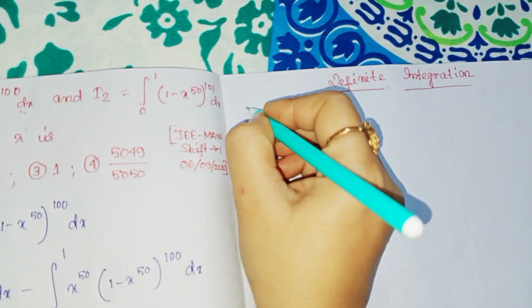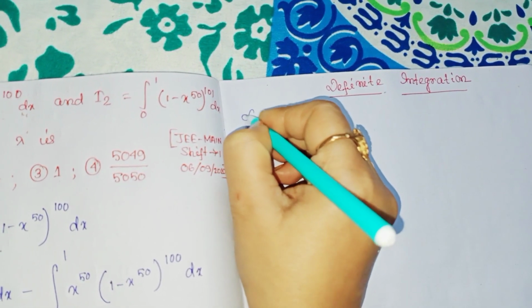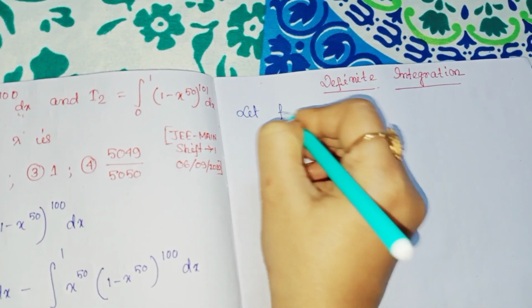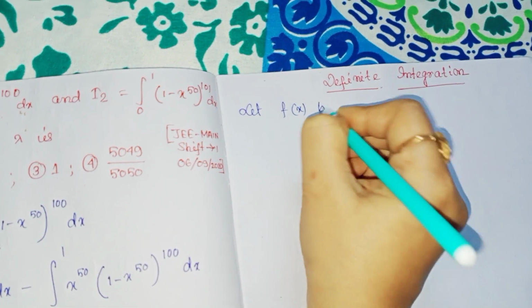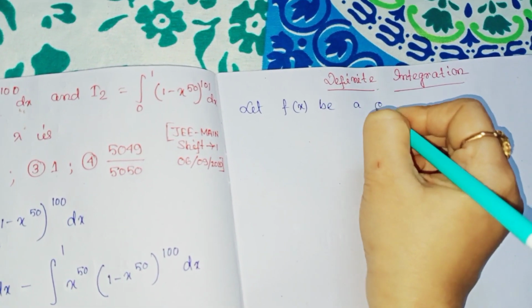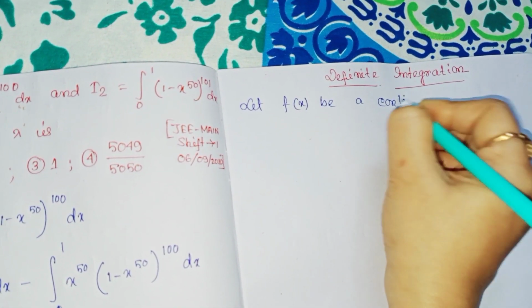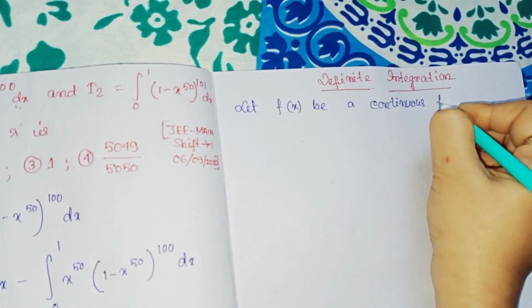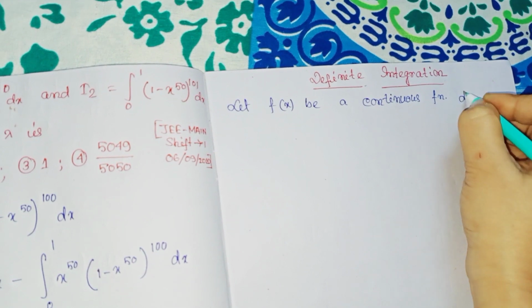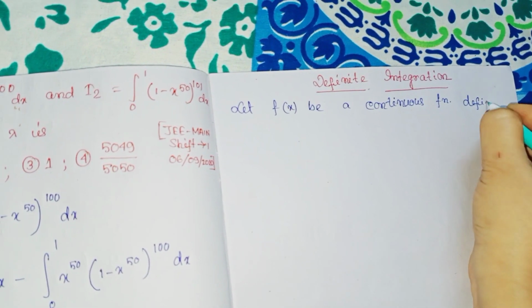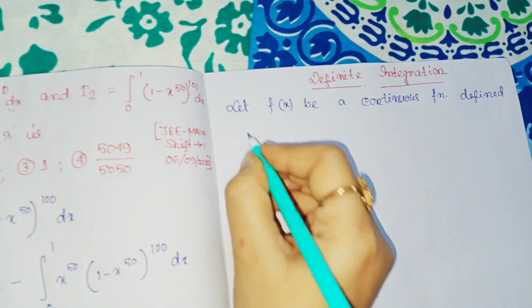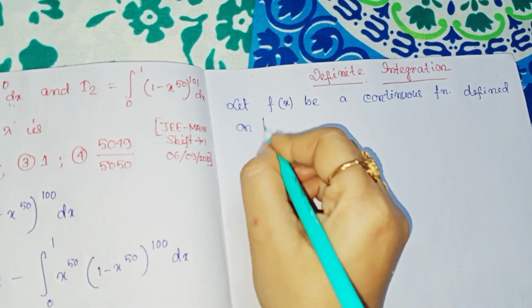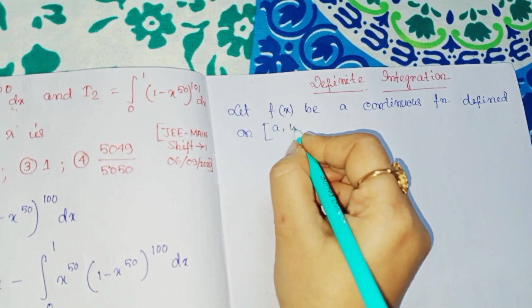So in a word we may say, let f(x) be a continuous function defined on a closed interval [a, b].